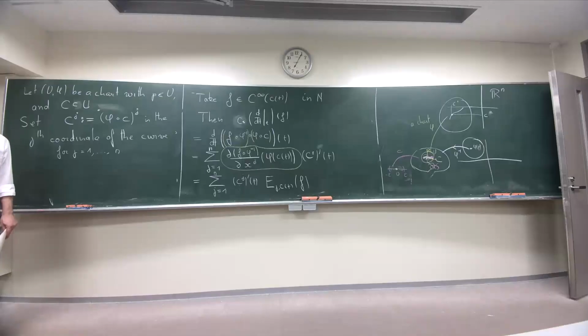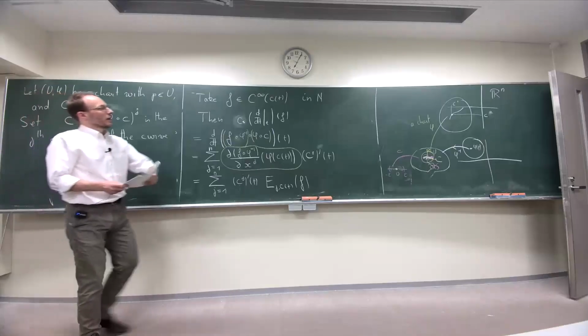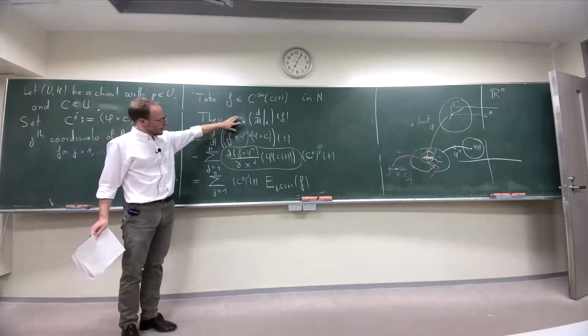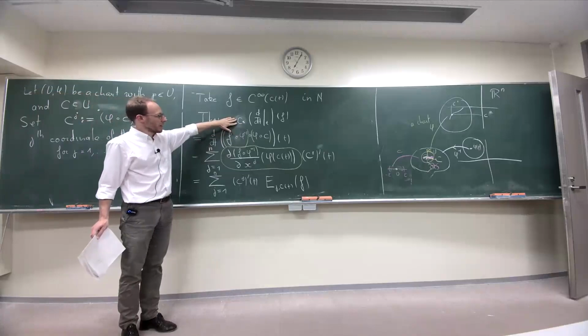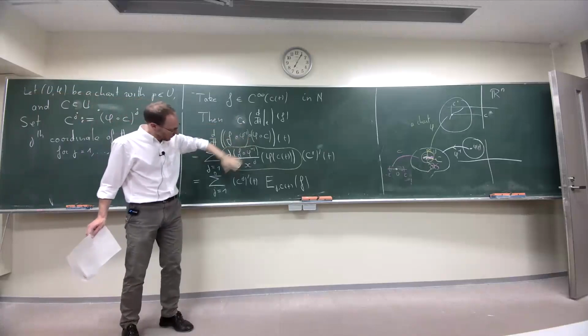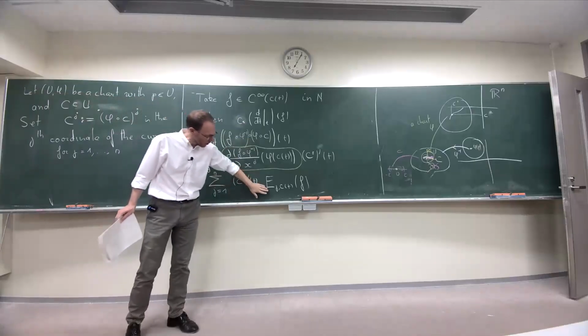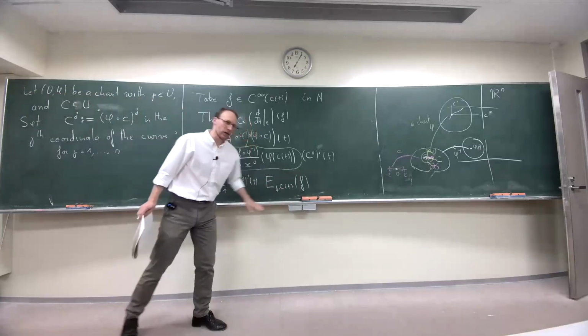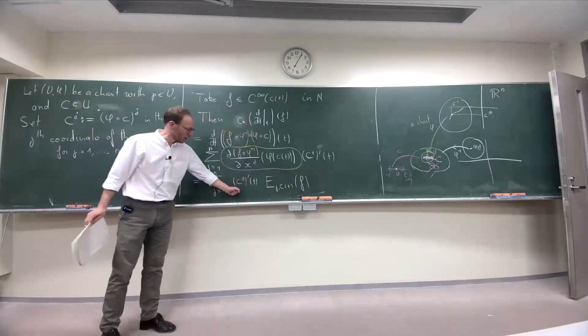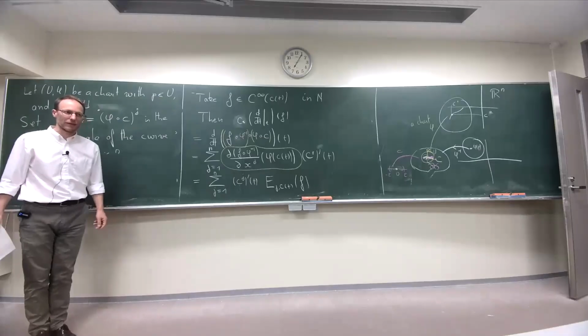Okay, so what does it mean? Try to think about it. The tangent vector, which is defined by this expression, is equal to a linear combination of these tangent vectors on the manifold with the coefficients given by this.